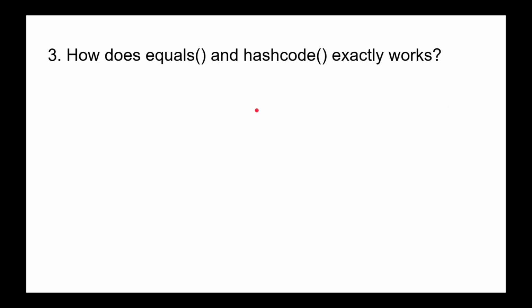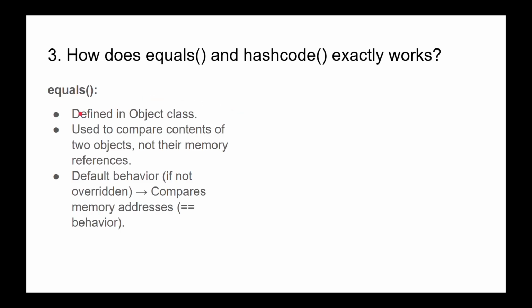Then coming to the next question, how does equals and hashCode exactly work? The equals method is basically used for content comparison. It is present in the Object class, and it is used to compare the contents and not their memory references.